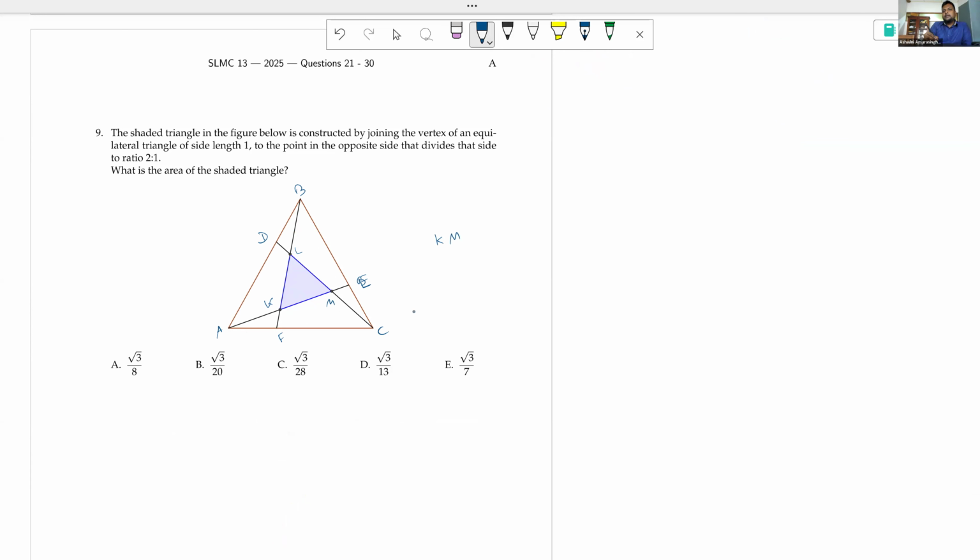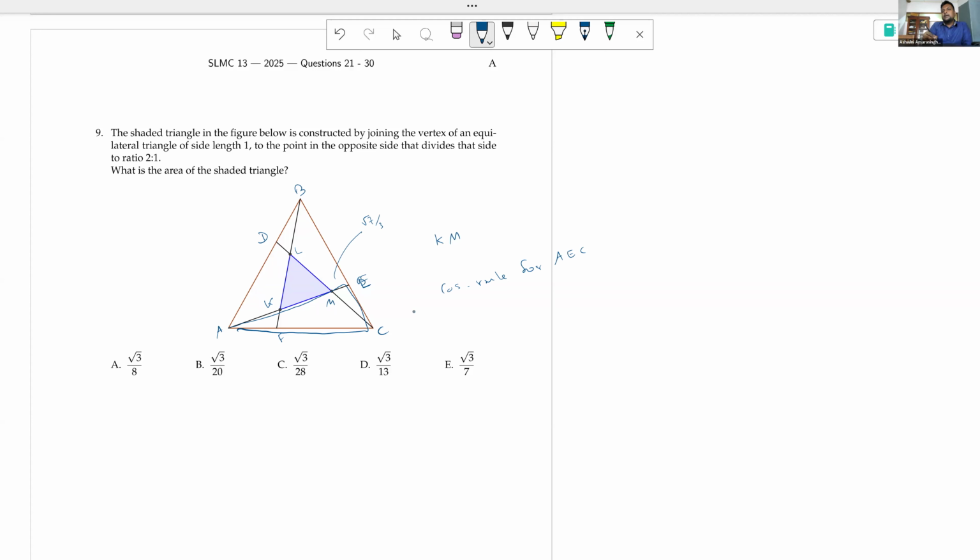So you can apply the cosine rule for AEC to get that this is equal to root 7 over 3.